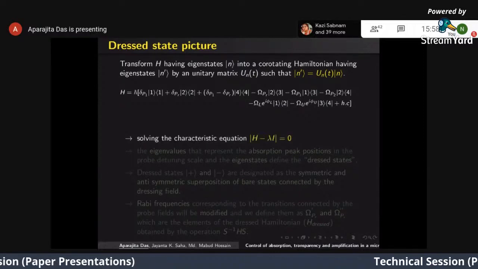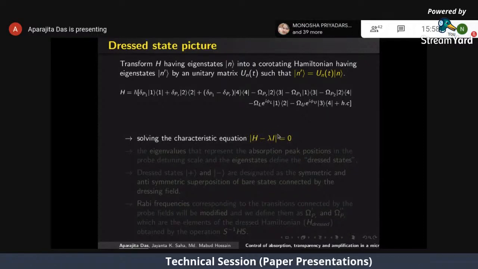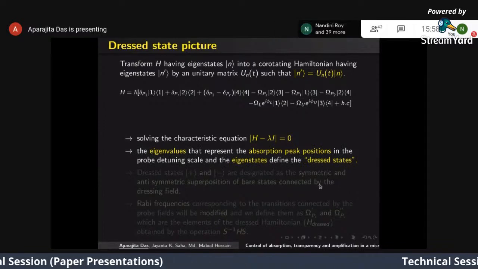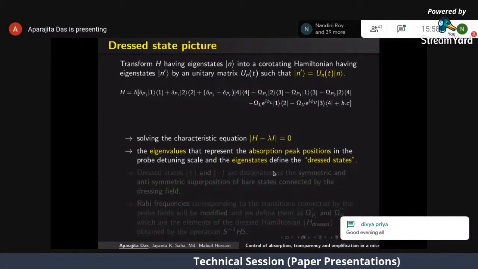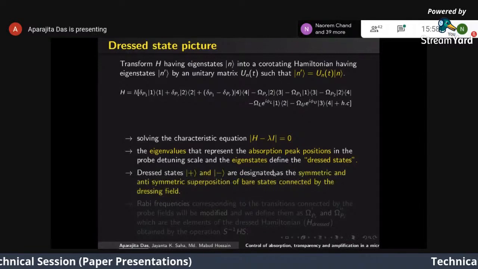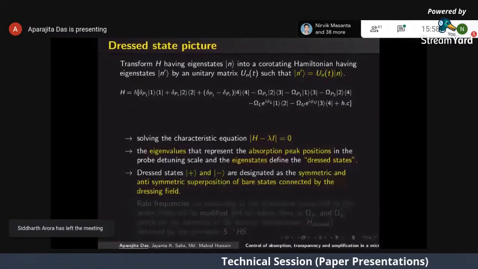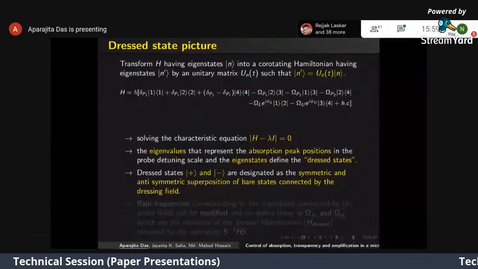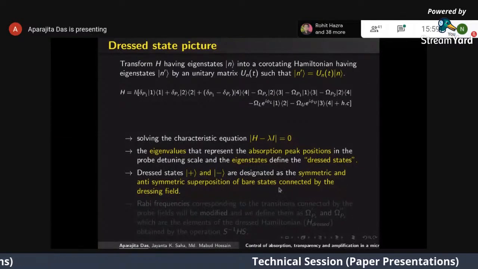Now we have to solve this characteristic equation where H is this, and then from here we get the eigenvalues. These eigenvalues represent the absorption peak positions, and the eigenstates define the dressed states, and we designate those dressed states as plus and minus. The plus state is for the symmetric superposition of the pair states connected by the dressing field, and the minus dressed state is the antisymmetric superposition of the same.